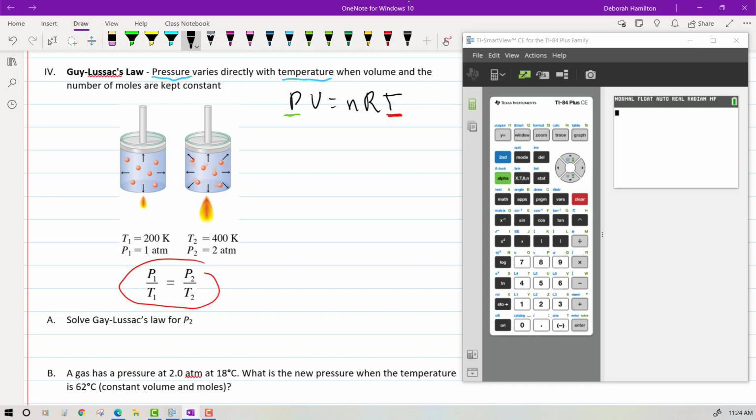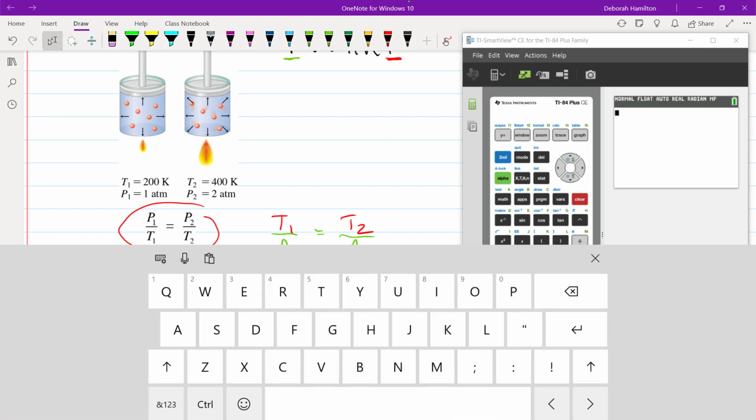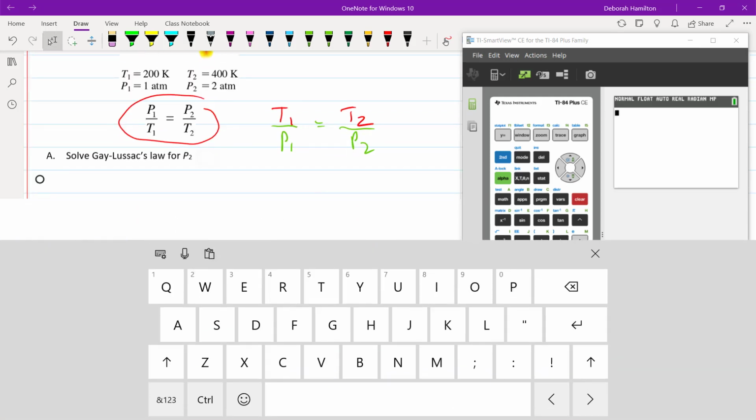So the temperature can also be on top if we need to solve for a temperature term rather than a pressure term, which makes this very convenient. Either way you look at it, a constant is developed between the first set of conditions and the second set of conditions.